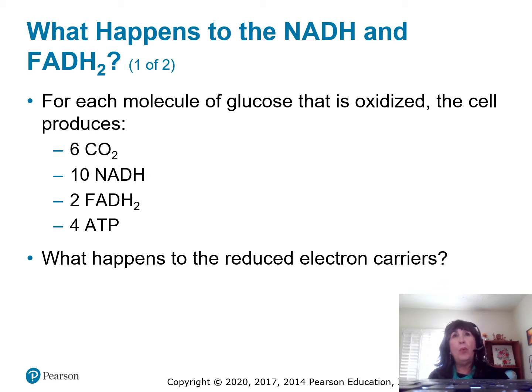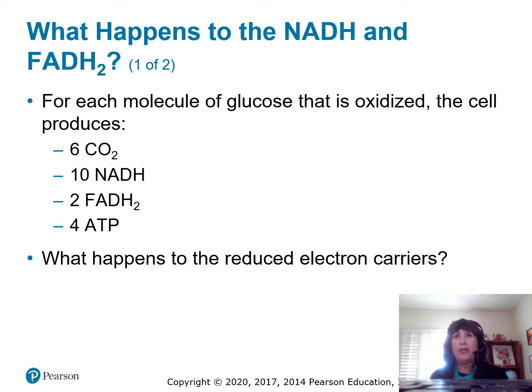Okay, so what happens to NADH and FADH2? For each molecule of glucose that is oxidized, the cell produces 6 CO2s. That makes sense because glucose has 6 carbons. It also produces 10 NADHs, 2 FADH2s, and 4 ATPs. So what happens to the electron carriers? Remember, energy cannot be created nor destroyed.